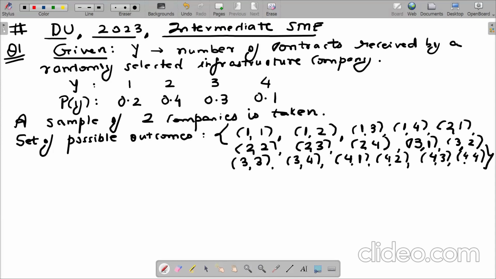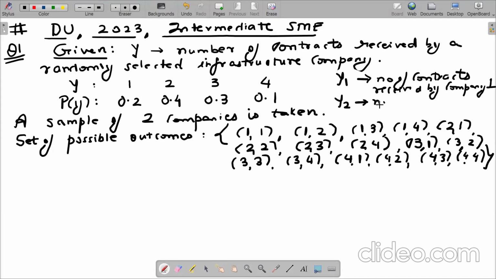Let Y1 denote the number of contracts received by company 1, and Y2 denote the number of contracts received by company 2.